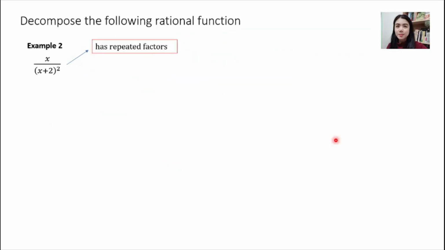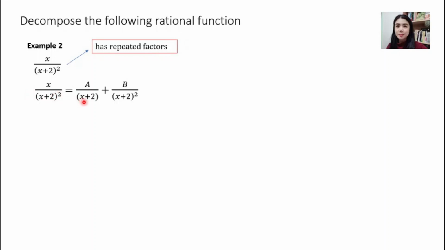In the second example, we have the case of repeated factors. If you look at the denominator, basically this is a case of repeated factors. When you have repeated factors, the way to write the partial fraction is like this. You have to write the factors to the power that is given in the question. So this is power of 2. You have a bracket to the power of 2.